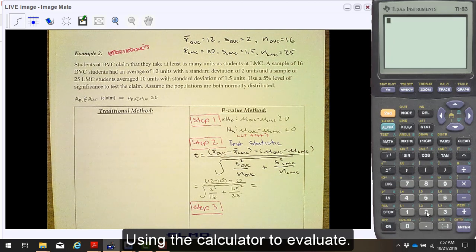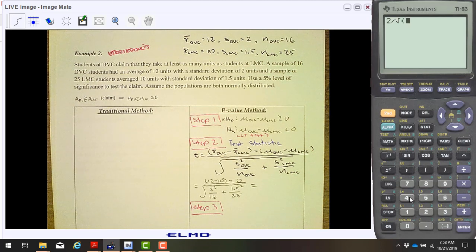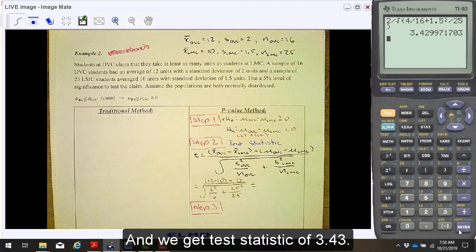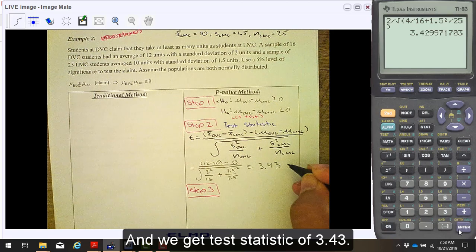Using the calculator to evaluate. And we get a test statistic of 3.43.